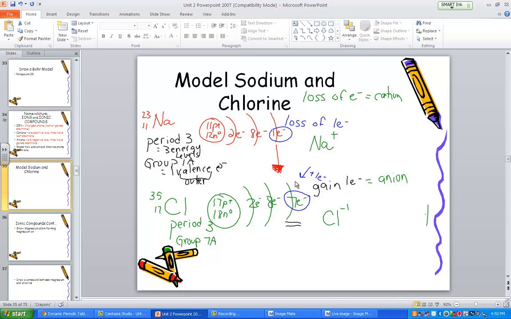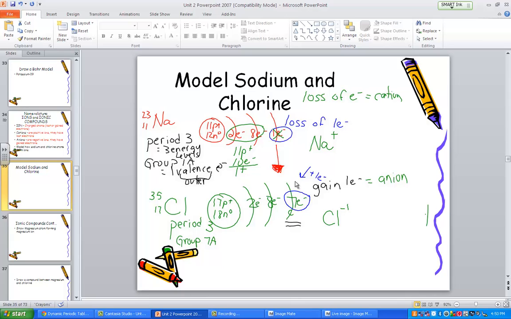Sodium was neutral as an atom. By loss of an electron, just one electron is lost, we still had 11 positive protons, but now with losing this electron, we only have 10, giving me a net +1 charge.